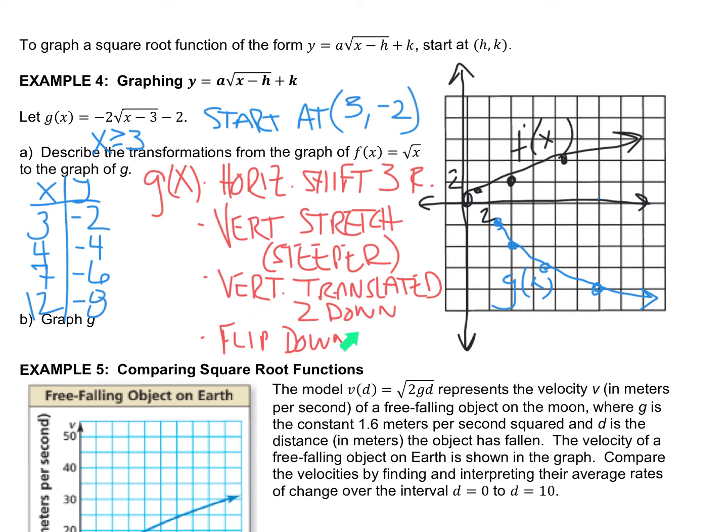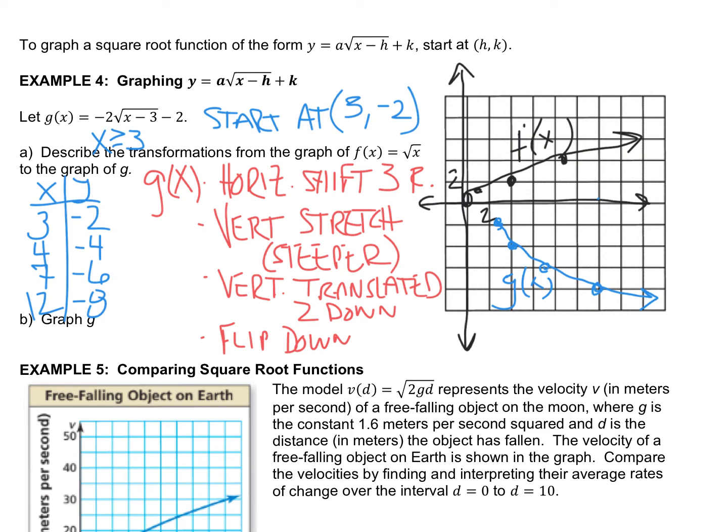The vertical translation of that starting point, again, is down 2 units because of this number right out here. And again, we knew right from the beginning this would start at 3, -2. There is 3, -2. And then it flips down because of this negative out in front. So this whole thing here is reflected over the x-axis to create this down here.